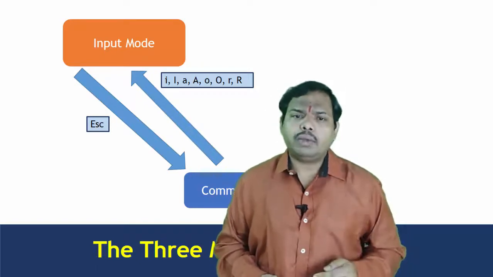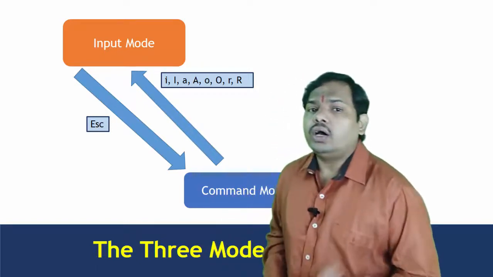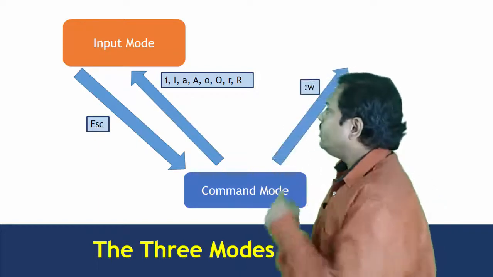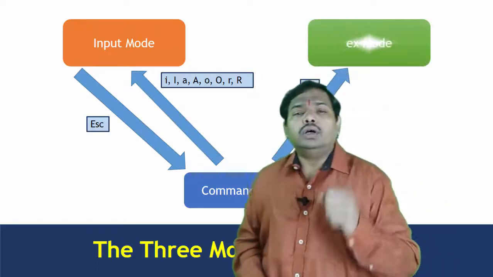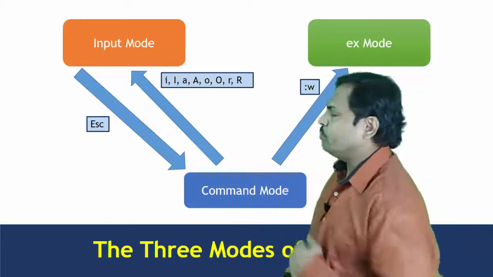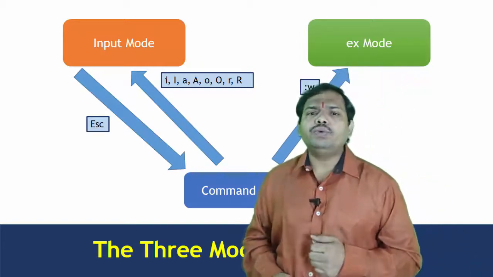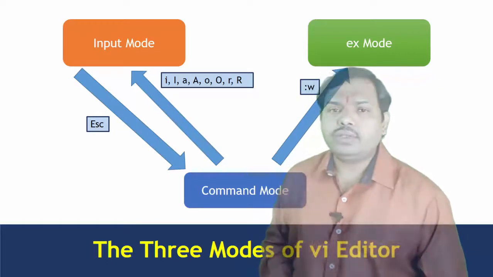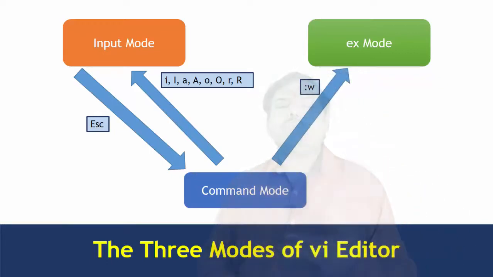All those commands are given in the third mode, which is the mode where you can execute commands. It is also known as execute mode. The execute mode allows you to execute commands dealing with your file, like saving your file, saving and quitting, or saving the file with some other name, so save as. There are many commands that you can execute in the execute mode.